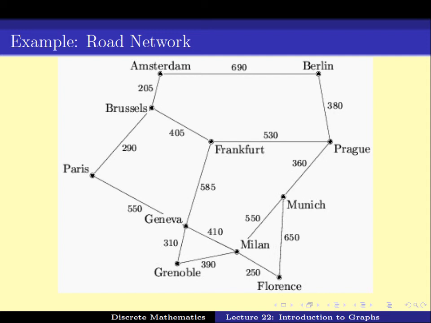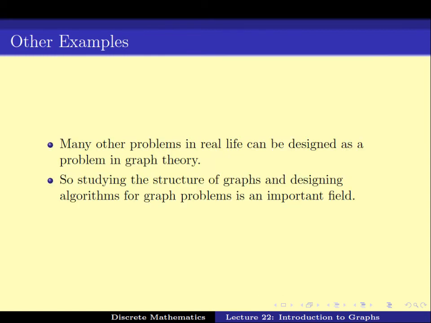If you ever open a map, you will see a structure like this. Graphs are also used for designing road networks, railway networks, and so on. There are many other real life problems that can be modeled as problems in graph theory. Thus, studying the structures of graphs and designing algorithms for graph problems is an important field. Studying the structure is what we will focus on in this course.